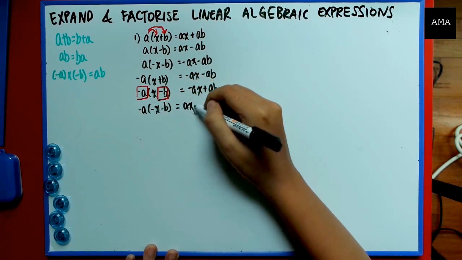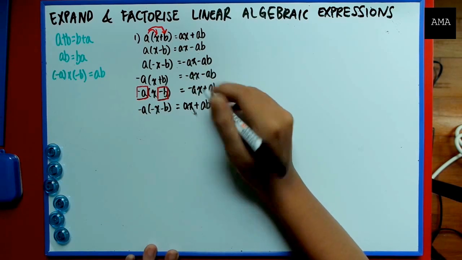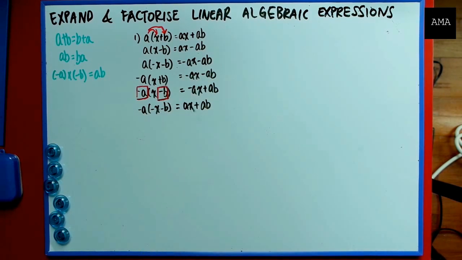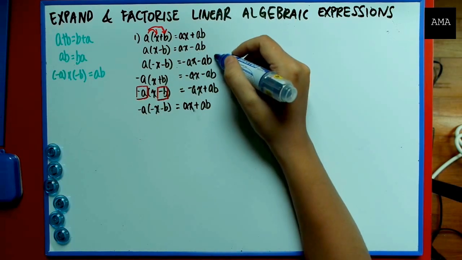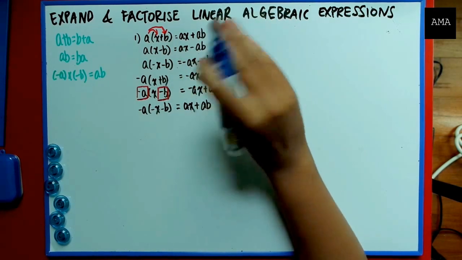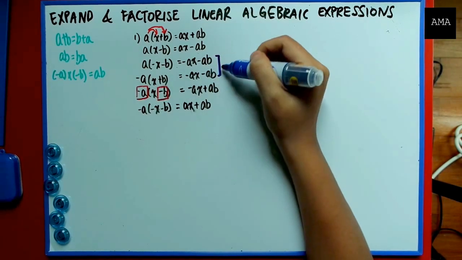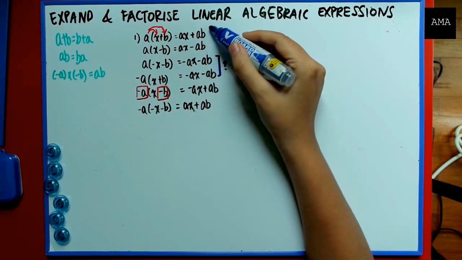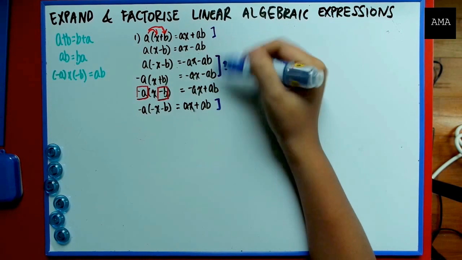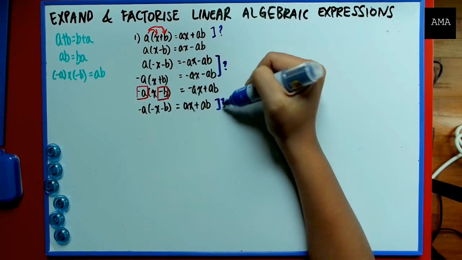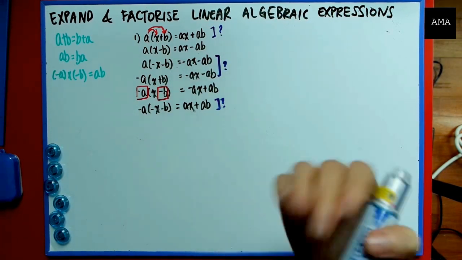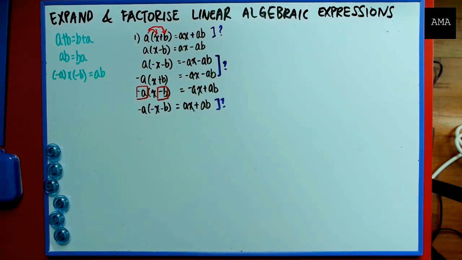Because they are both negatives, right? Positive ab. Okay, so some interesting things happening here. Can you see that these two, look on the right hand side, the result is the same. These two are the same as well, okay? So why is that so? I'll explain that in a while, after I've talked about factorizing.